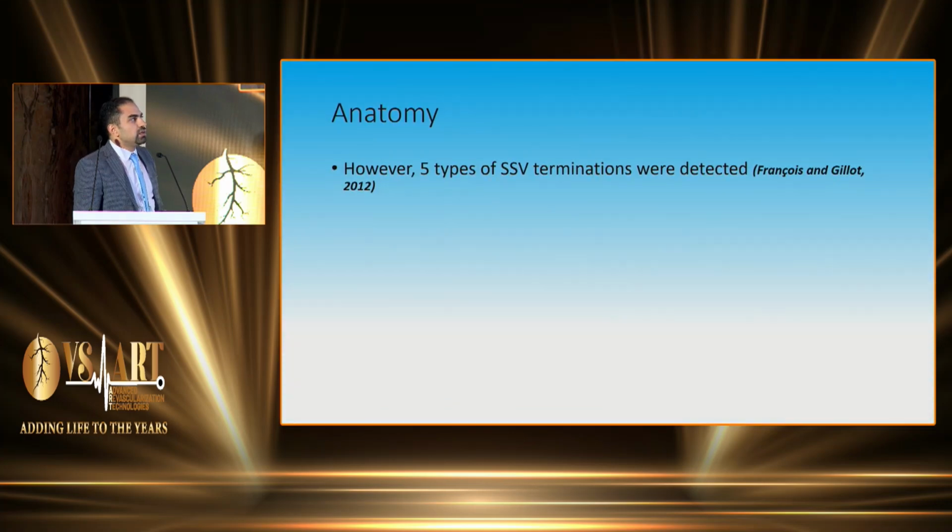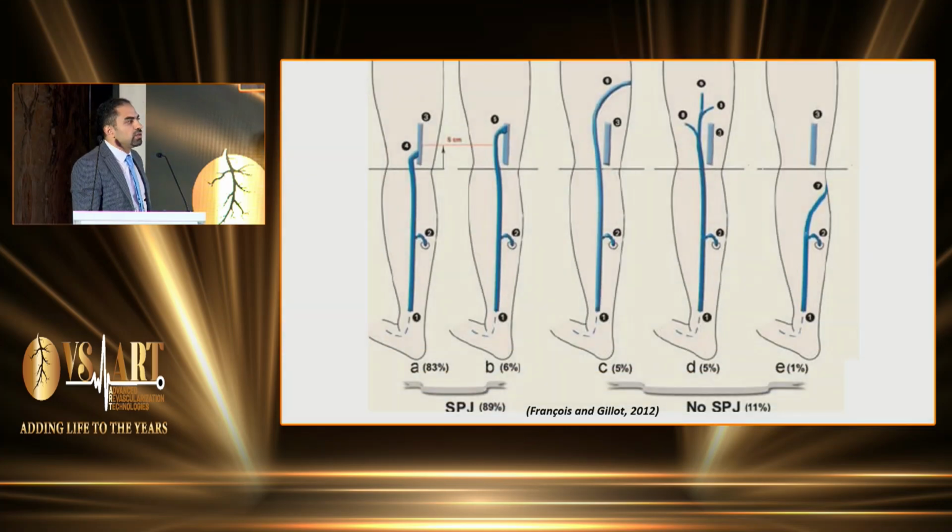But there are 5 types of small saphenous vein termination described by Creton and colleagues: in 2 of them there is a saphenopopliteal junction, and in 3 of them the saphenopopliteal junction is absent.